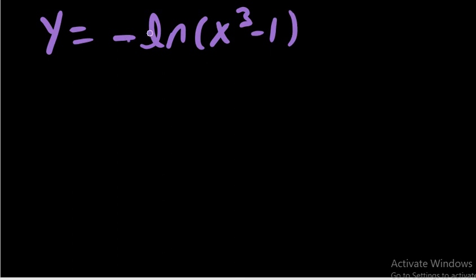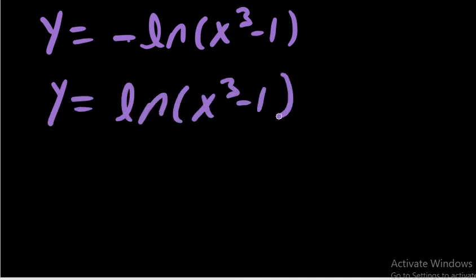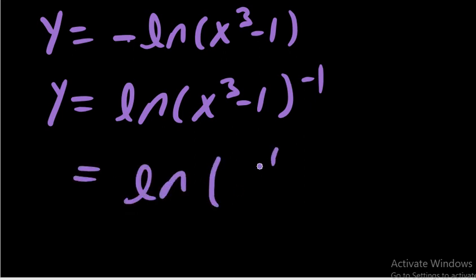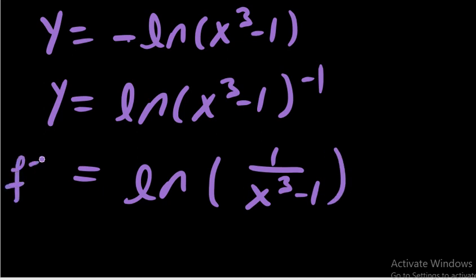But this negative can be taken as an exponent in the case of logarithm and ln. So y is equal to ln of x cubed minus 1, the whole to the power of negative 1. This is the same as ln of 1 over x cubed minus 1. This is f inverse of x. This is what we were looking for, and this is going to be the final answer.